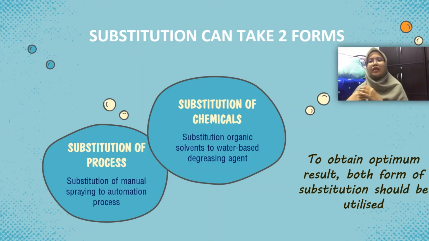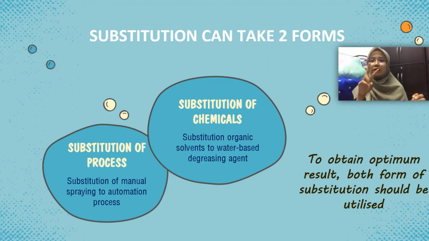Substitution of chemicals is, for example, substituting an organic solvent with a water-based degreasing agent. To obtain the optimum result from substitution, both forms of substitution should be utilized.